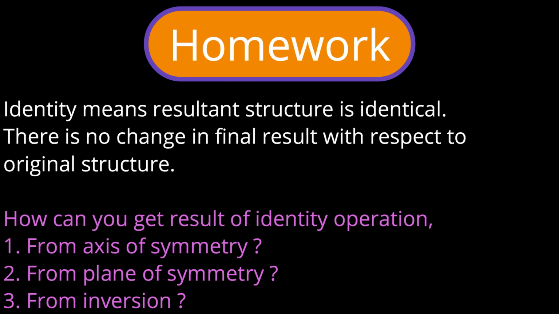My first question is, how can you obtain the result of identity through rotation operation, meaning the axis of symmetry? Second question, how can you obtain the result of identity, meaning the original structure, through a plane of symmetry, meaning by reflection?